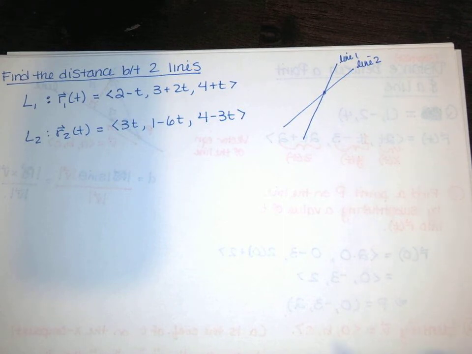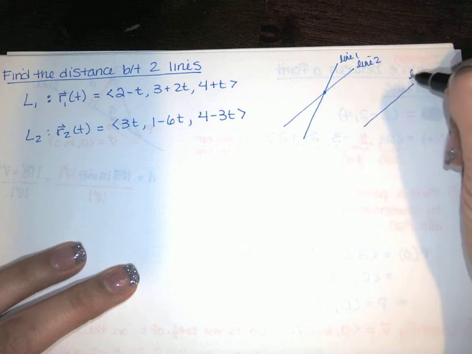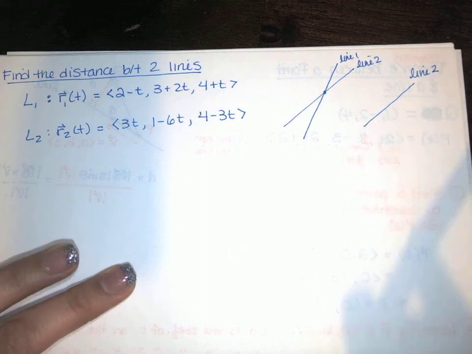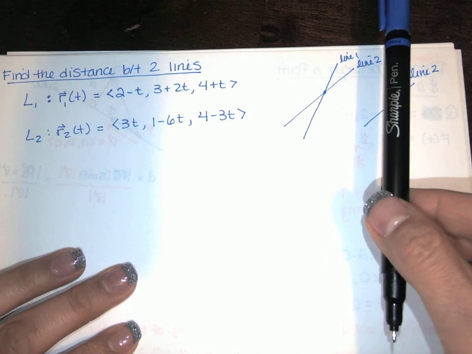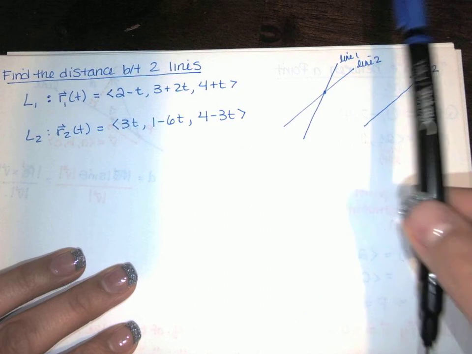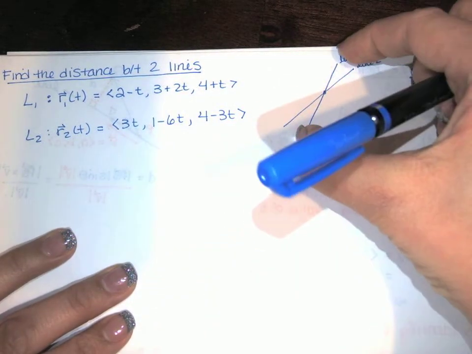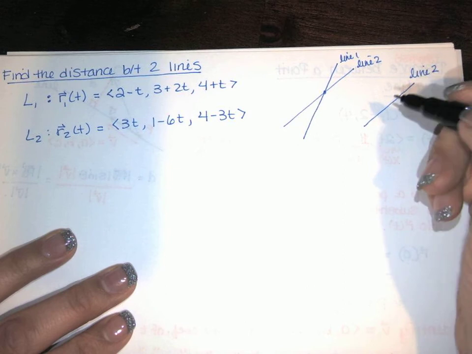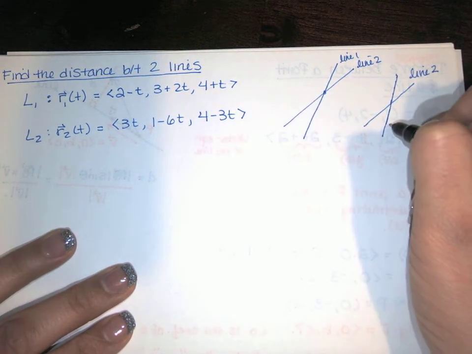It's also possible that you might have this line 2 and then line 1 crosses like this, but in a parallel plane. And you want the shortest distance between those two lines. So it might look like this, but maybe this one is much closer to us than line 2 is. I don't know how to draw that so that it's closer.